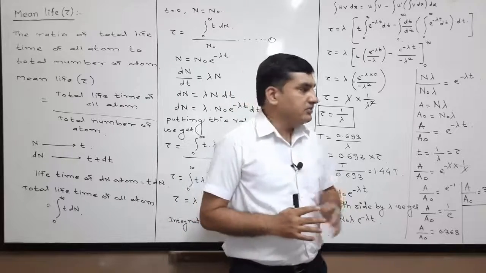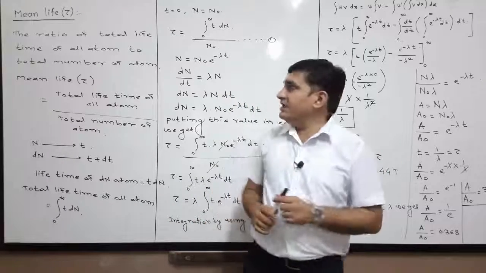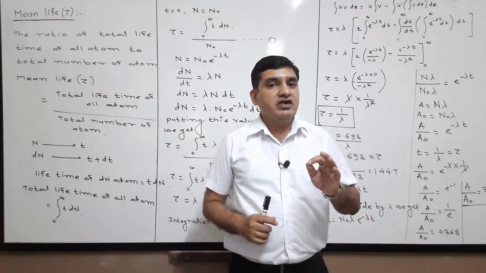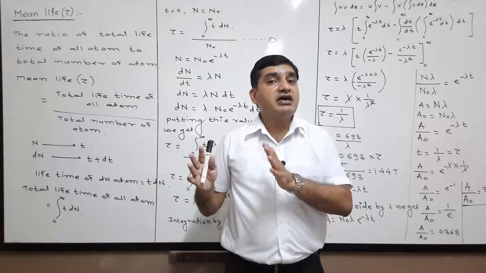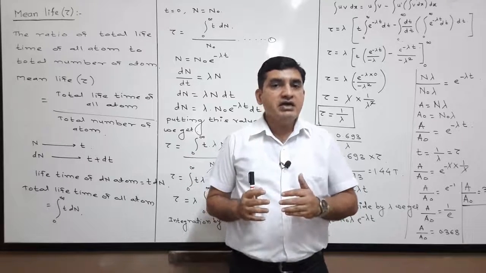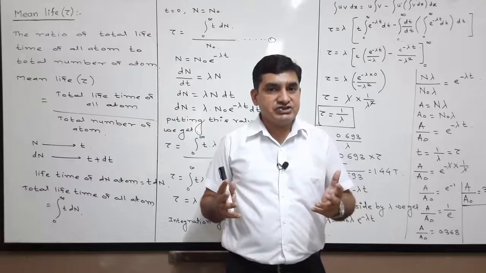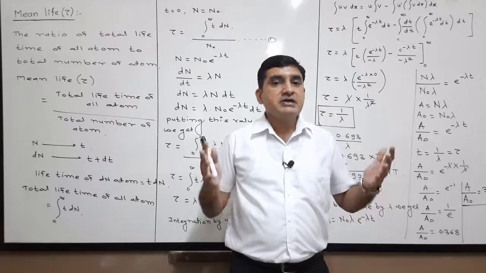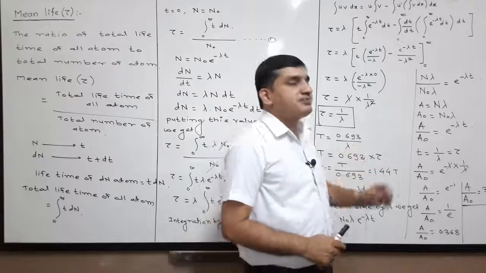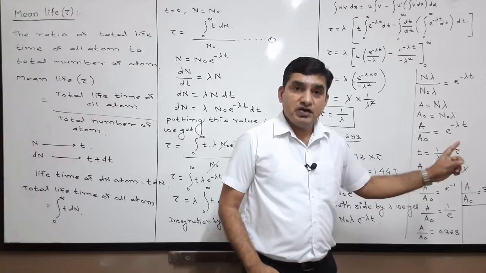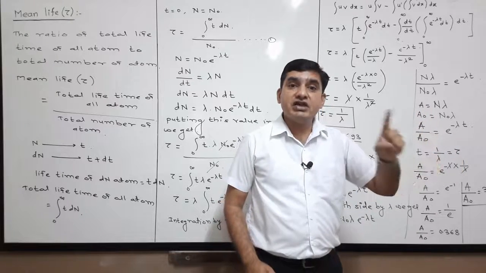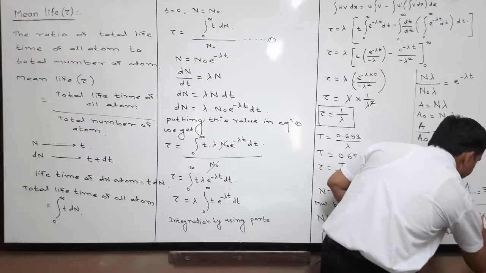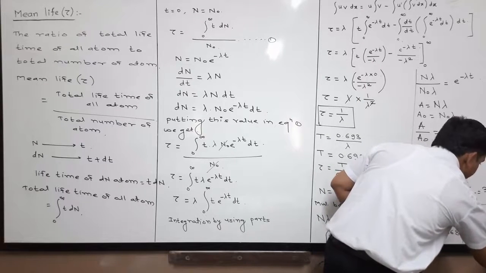So mean life is the time required by a radioactive substance for its activity to become 36.8% of its original value, or simply we can say that A is equal to 36.8% of A0.